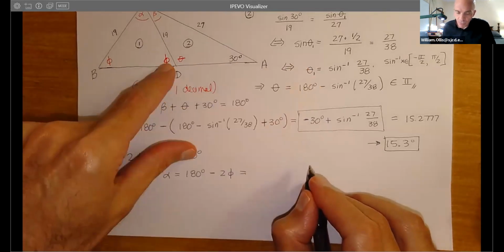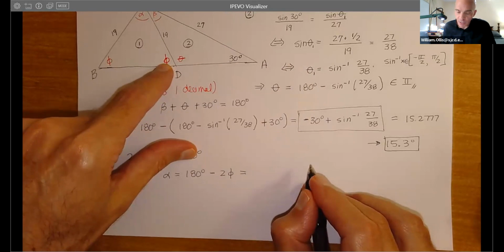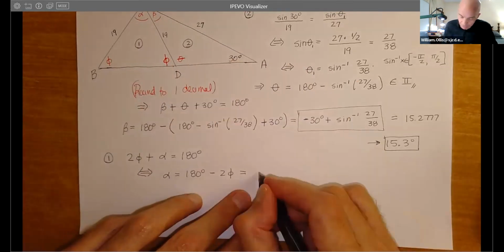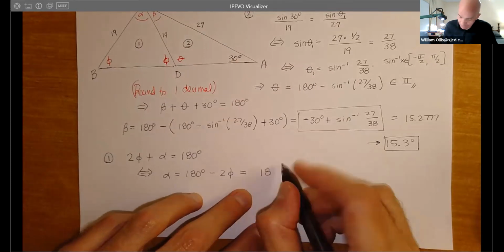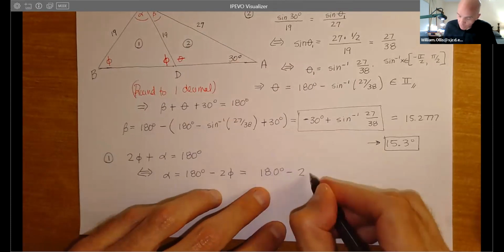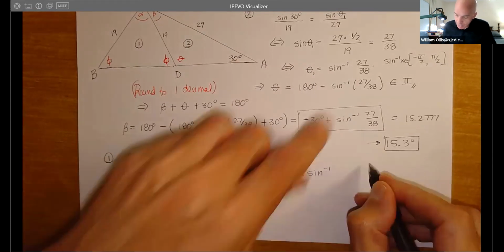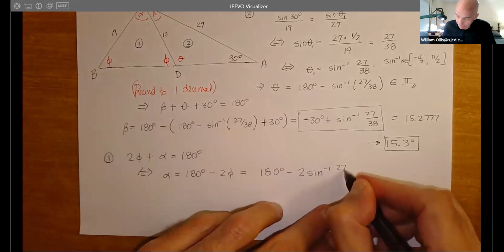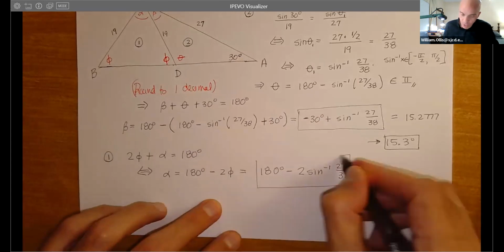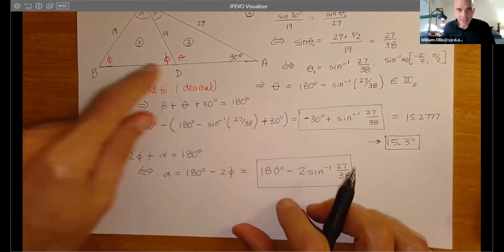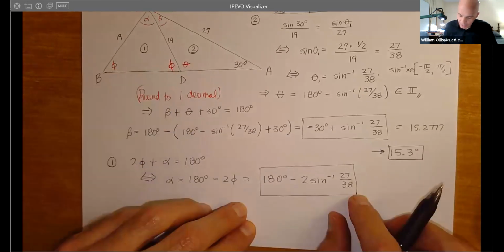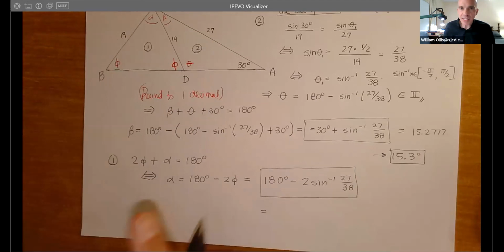That is, when we look at this, this is the acute angle, which is this guy right here. So we get 180 minus 2 times the inverse sine of 27 over 38. So using the fact that this is an isosceles triangle and the fact that these are supplementary, we have another exact calculation.